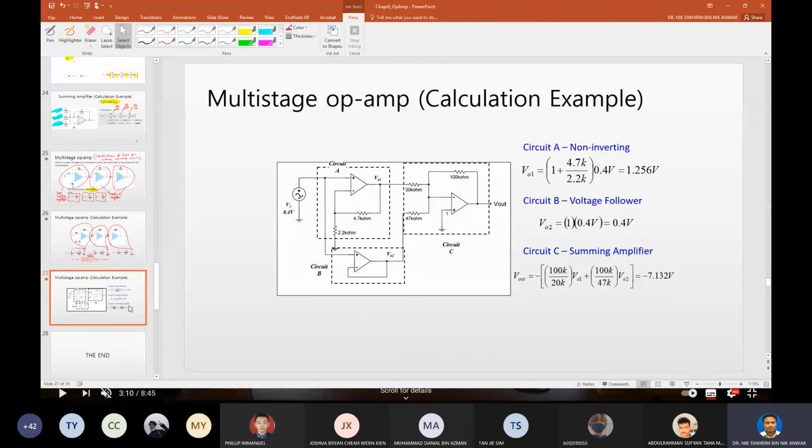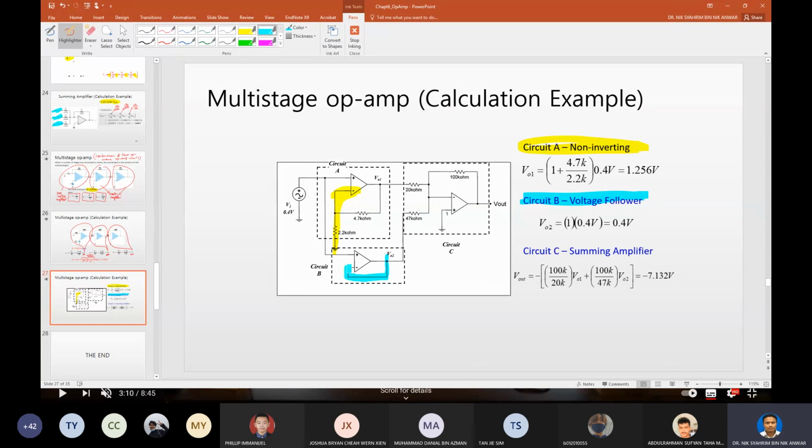Okay, so this is just another example of a multi-stage op-amp. In this case you have a non-inverting amplifier here. You see for the first one, the negative input or the inverting input is grounded, and then the second part here you have a voltage follower.